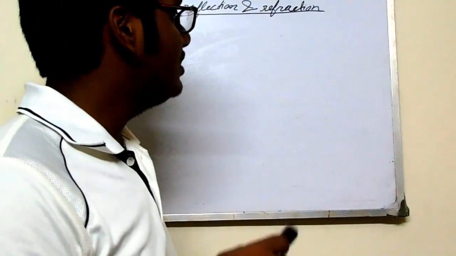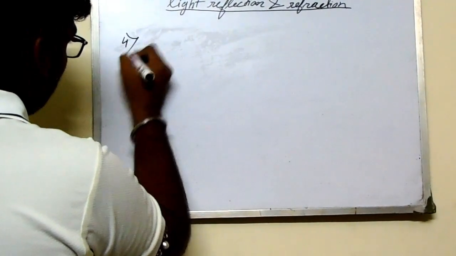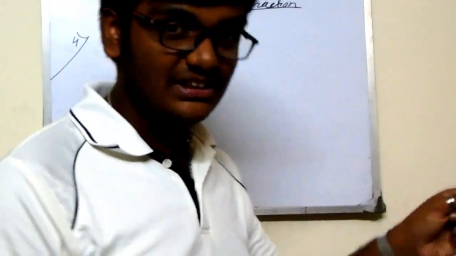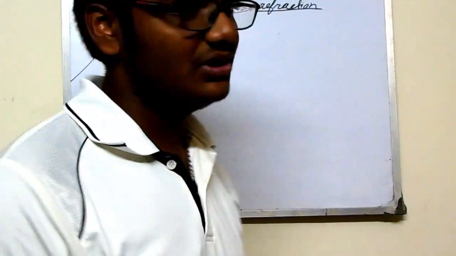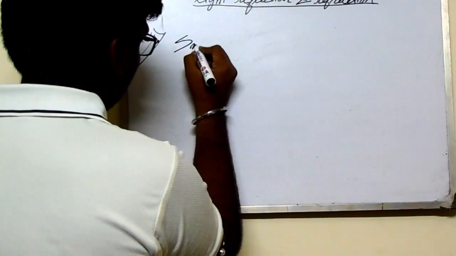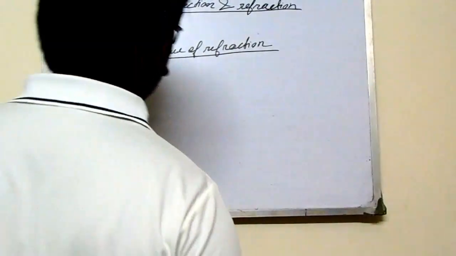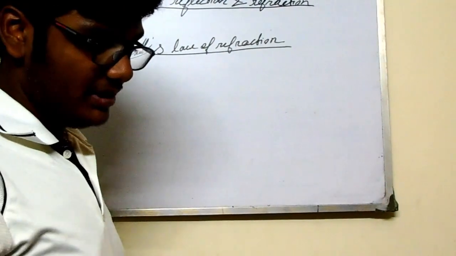In the same way, some laws are also stated in the case of refraction, and this is known as Snell's law of refraction. The first one is simple. It includes some mathematical things.